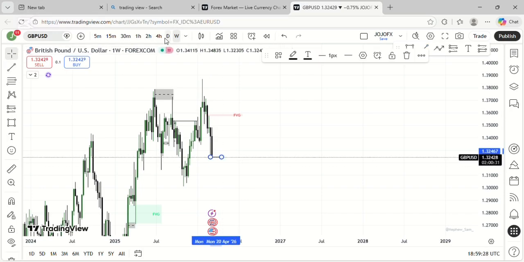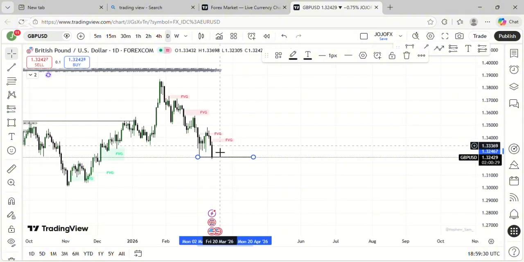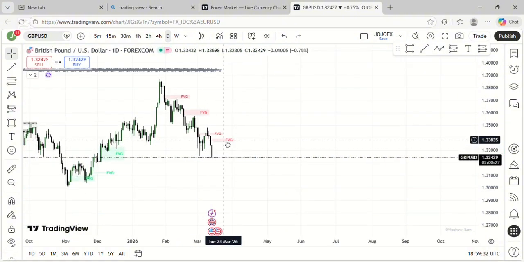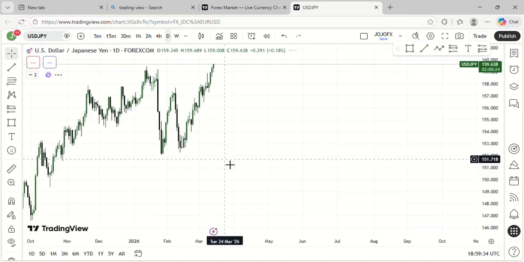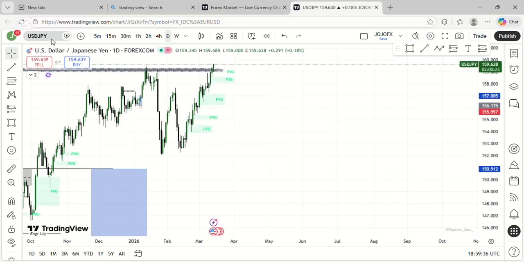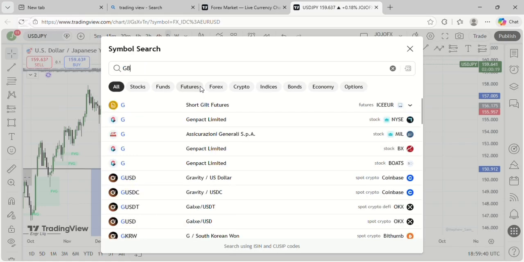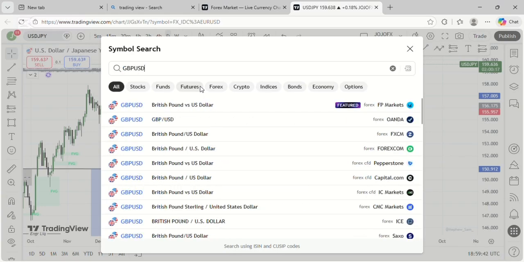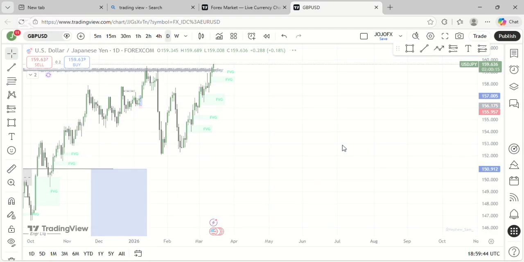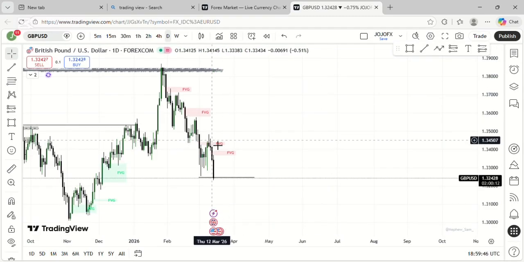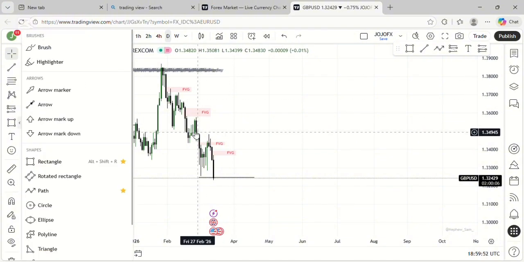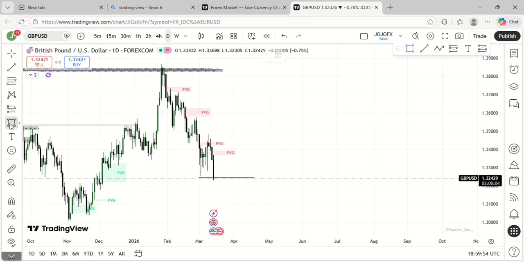Then I went down to the daily time frame to look for bias. So on the daily time frame, there's a point of interest here that price used, and I just marked it out.